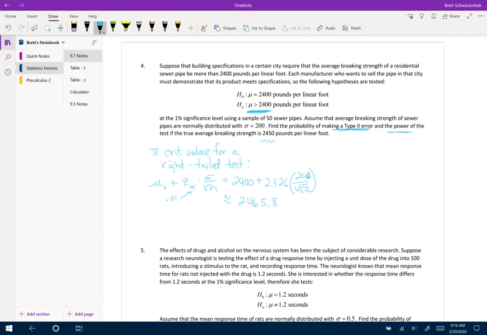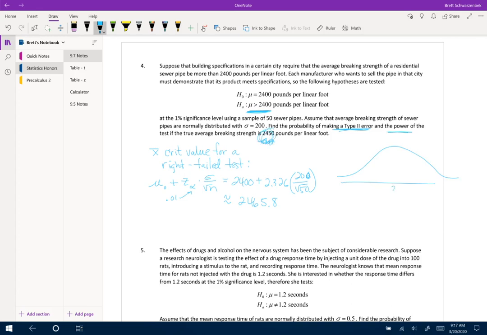Okay, so remember, this marks essentially in the original distribution where the cutoff is between a pounds per linear foot measurement of whether the null hypothesis would be rejected or not rejected. But for the purposes of our test, we don't want to know what that is. We want to know what it is in terms of the alternative mean. So if you draw a little curve here, our alternative mean is 2450.